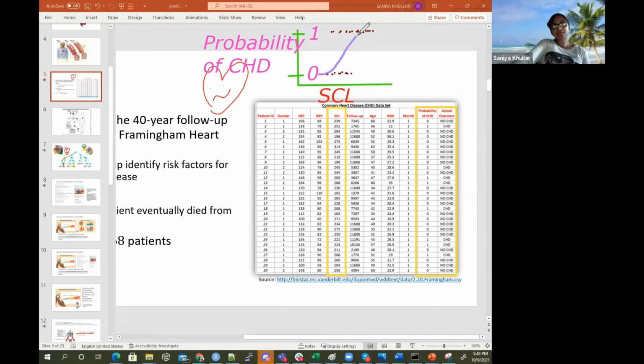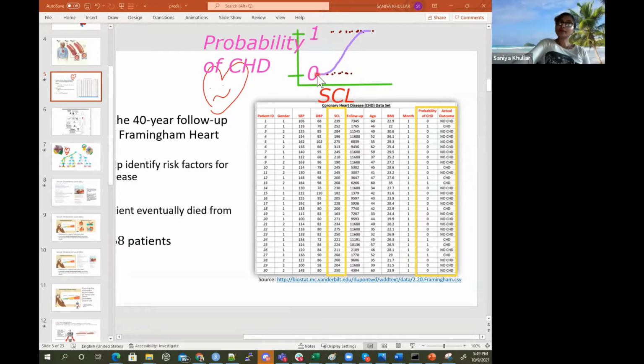We can have not just 0 and 1 outcomes, because the data is just 0 or 1. Either you have it or you don't. These are patients, and we know the outcomes for them. But maybe we want to predict, hey, you have a 60% chance of coronary heart disease.